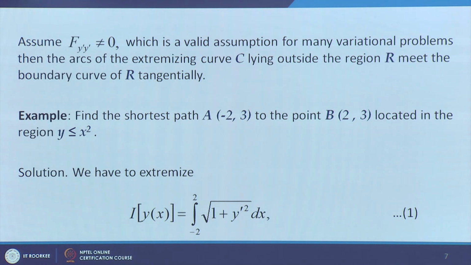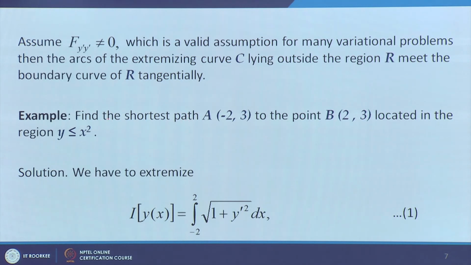This assumption is valid in many variational problems. This means that the arcs of the extremizing curve C lying outside the region R meet the boundary curve of R tangentially. Let us study a problem on this article.